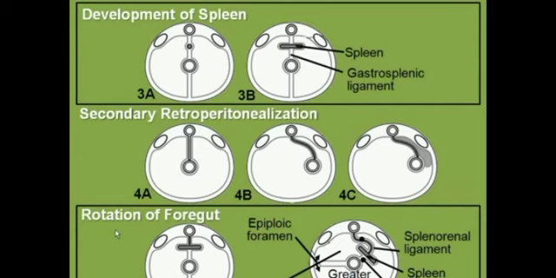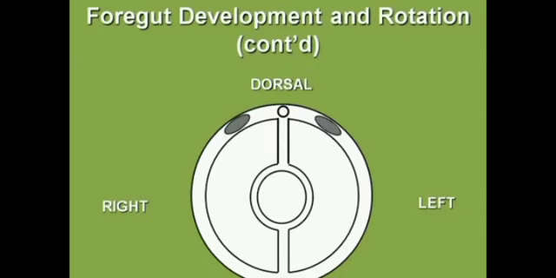But in order for us to have a more robust conversation about these, we'll use a larger representation of each of these diagrams. So starting with the first one, this will represent a cross-section through an embryonic abdomen. It clearly does not represent all of the contents of the embryonic abdomen.